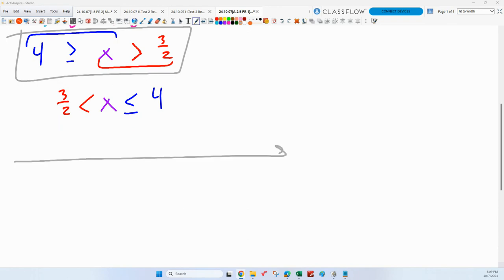where are my important numbers going to be on the graph, obviously? 3 halves and 4, which is going to be to the right of 3 halves, right? Okay, so how about this first inequality? X is greater than 3 halves. What's that look like? Okay, good. Open endpoint, arrow going to the right.